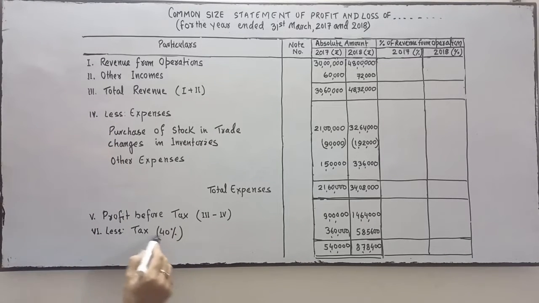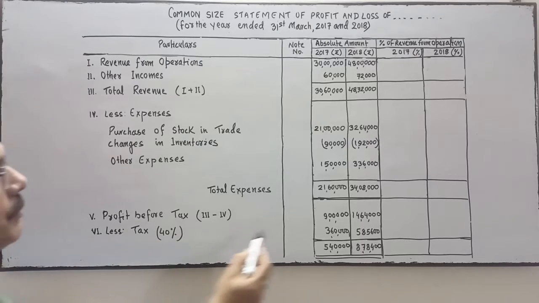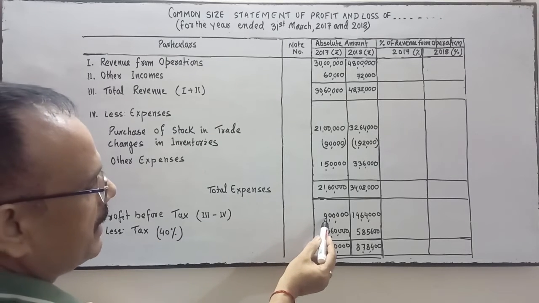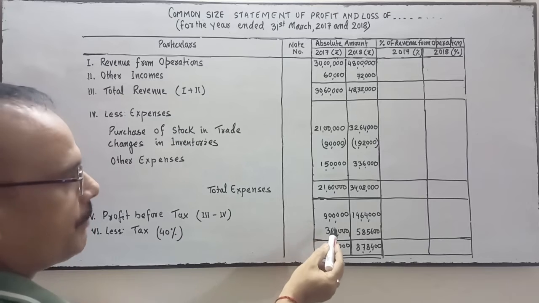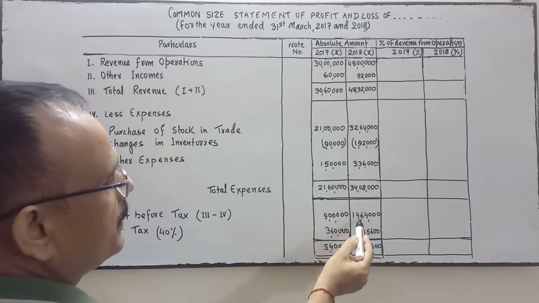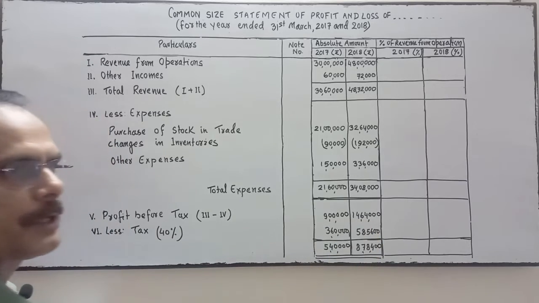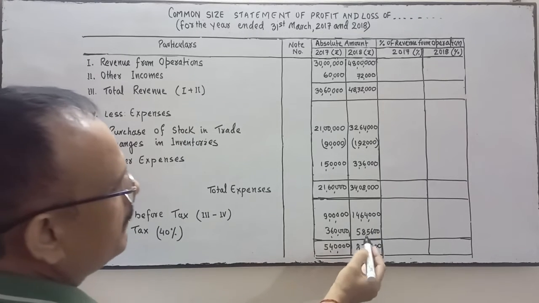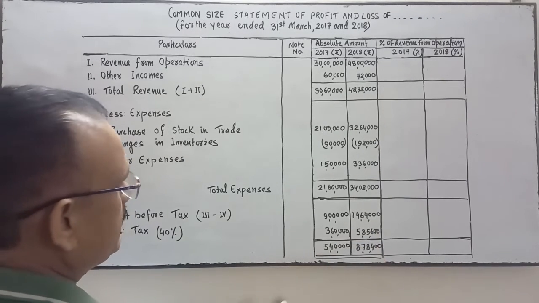Tax is 40%. So we'll calculate the tax at 40%. 9 lakh 60,000 into 40 by 100, so 3 lakh 84,000, and 14 lakh 64,000 into 40 upon 100 is 5 lakh 85,600.